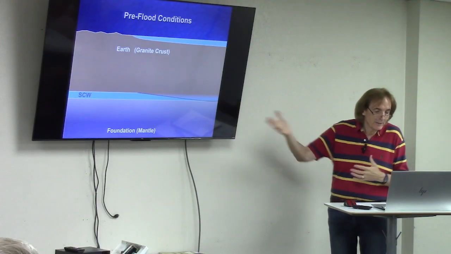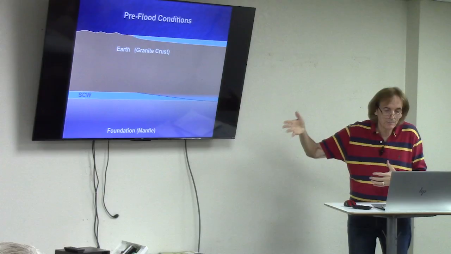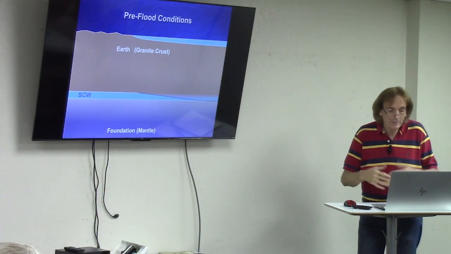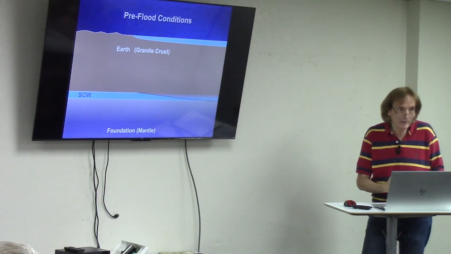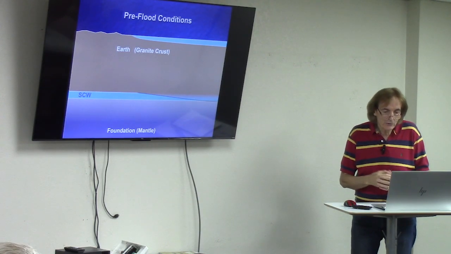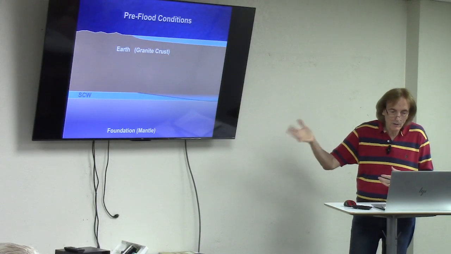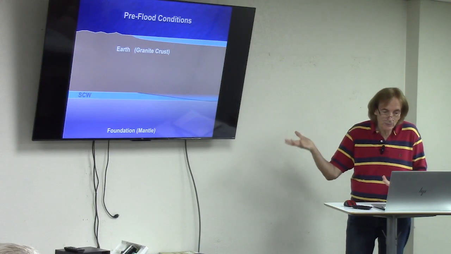So here's again a side view of the pre-flood conditions, and it would be this way from just after creation, for centuries, up until the flood starts. And so the trapped waters below here get to this point where they're supercritical.